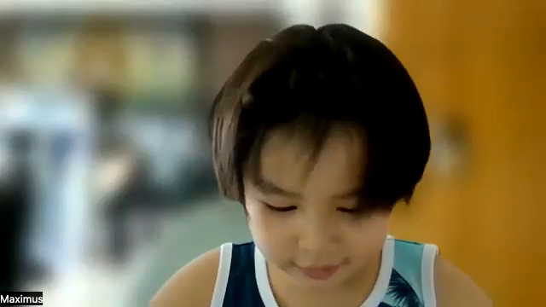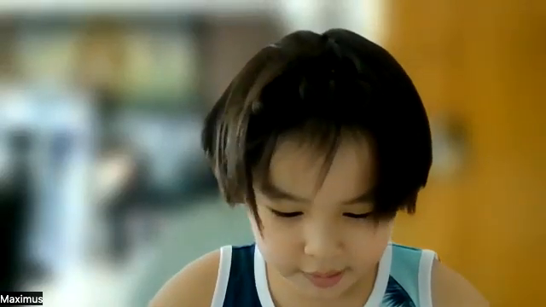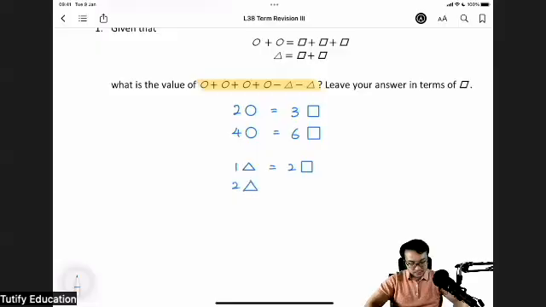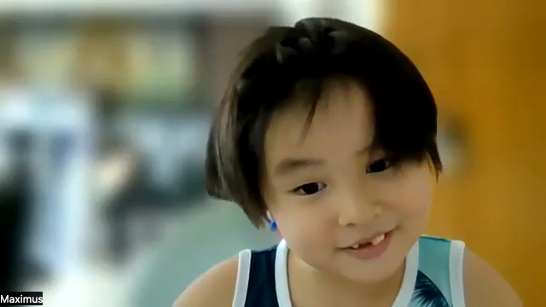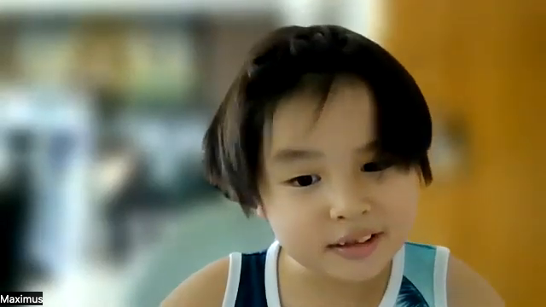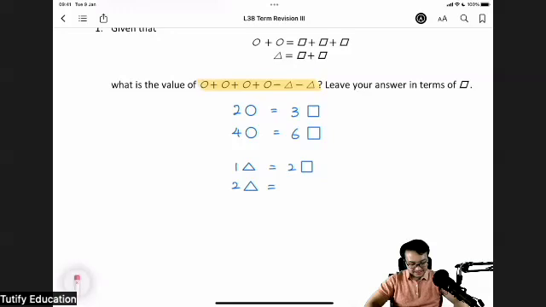Yes. So one triangle represents 2 squares. So 2 triangles equals 4 squares. Yes.